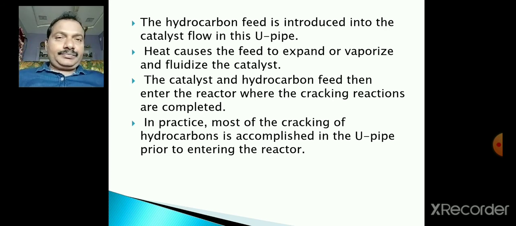Olefin feed and catalytic element are both fed into the reactor where the cracking reactions are completed. In practice, most of the cracking of hydrocarbons is accomplished in the U pipe prior to entering the reactor. That means through the U pipe, both the catalyst and olefin are pumped into the reactor. Most of the reaction takes place in the pipe itself, and finally in the reactor the final reaction will take place.